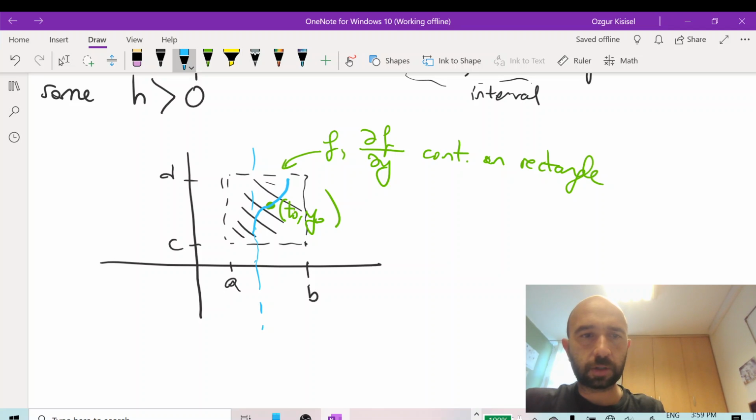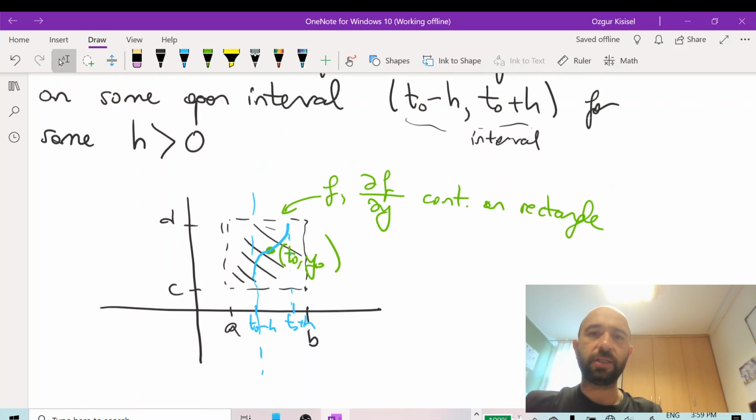This is maybe t0 minus h, here somewhere you have t0 plus h. This interval is not necessarily the largest interval, and the interval where the solution is defined doesn't have to be symmetric around t0, but it only says that you have some room for a solution. I don't know how big, but there's some room, and in that place you have a unique solution.